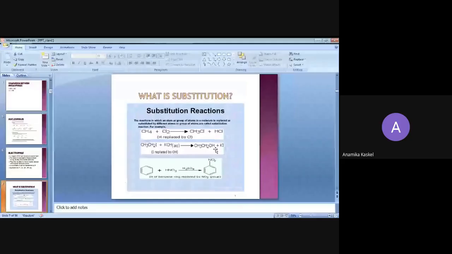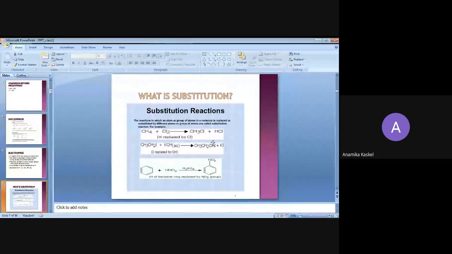Another example of the substitution reaction is CH3CH2I with KOH. I minus is replaced by OH minus, and we get CH3CH2OH plus KI. So the alkyl iodide is replaced by OH minus and we get the alcohol.